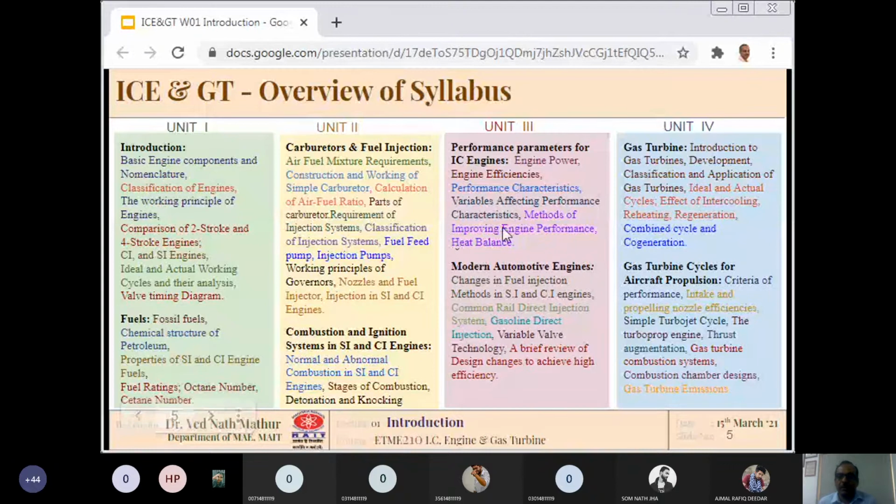So this is again a numerical portion. And in the IC engine lab, we have a diesel engine and a petrol engine on which we can perform these tests to calculate the power and efficiencies of the engine.